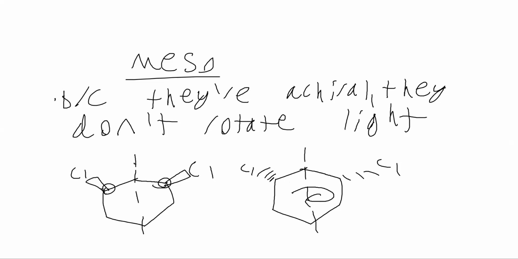Then the dashes would become wedges and the chlorines would be in the same spots and it would be the same molecule. So that goes back to that point that they're individual things, even though they look like they're not, it's just one molecule. There are a lot of potential examples for meso compounds, but I'm not going to go over everything today. I'm just giving you one example here.